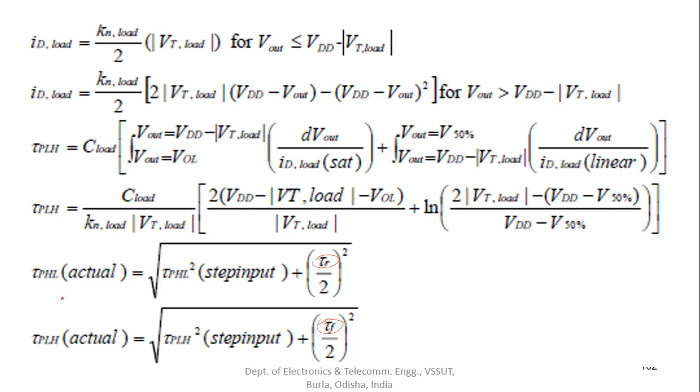In those cases the tau PHL for the actual practical signal will become equal to the square root of tau PHL square for the ideal input signal plus one more term, that is tau r by 2 whole square. Similarly, you can find the value for tau PLH by this equation.